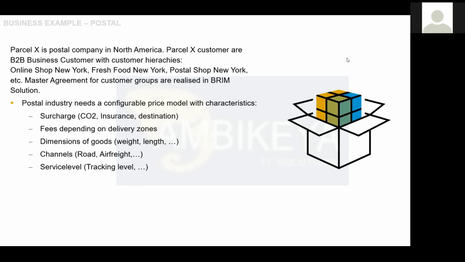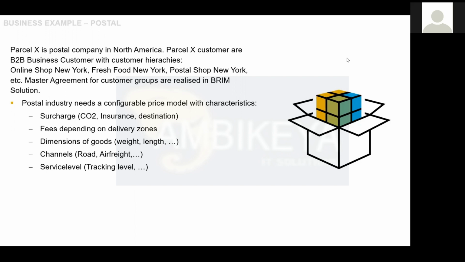They have their own shops to handle the parcel industries, and we have customer hierarchies as well in place. For example, we have an online shop in New York, a fresh fruit New York shop, a postal shop, and so on. That means we need master agreements for different customer groups, and they are realized in the BRIM solution.